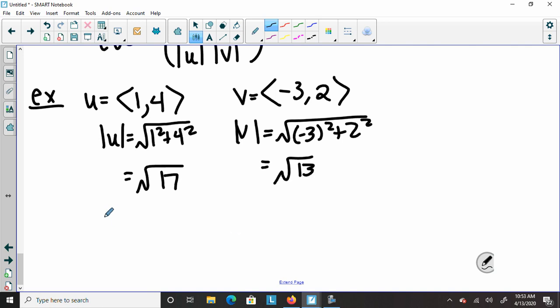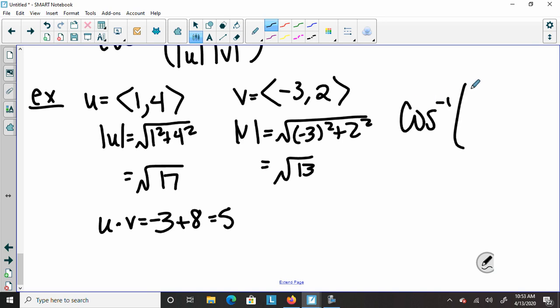Okay, and I'll also do u dotted with v. 1 times negative 3 plus 4 times 2, and that is 5. So I've got u dotted with v, the magnitude of u, and the magnitude of v. So I'll plug it into my equation.